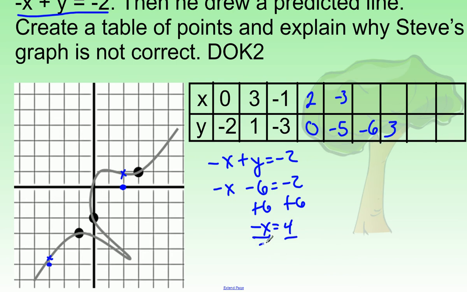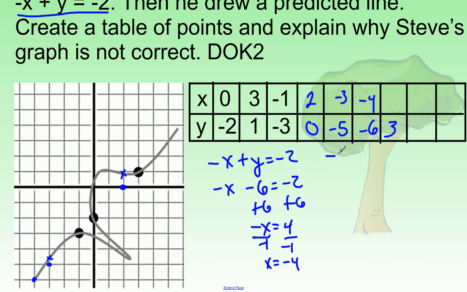Divide both sides by negative 1, and x equals negative 4. So I have the point negative 4, negative 6. 1, 2, 3, 4. 1, 2, 3, 4, 5, 6. So that point actually looked correct. Good job, Steve.